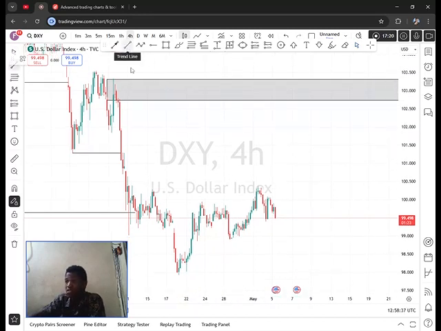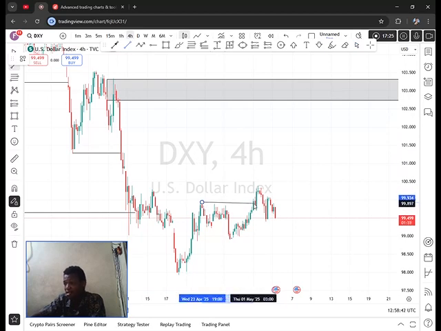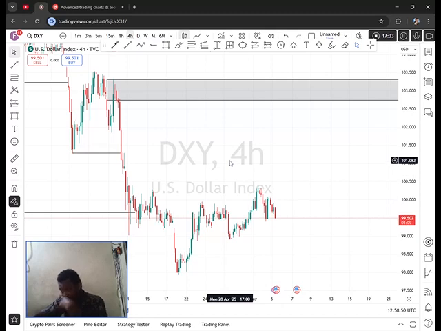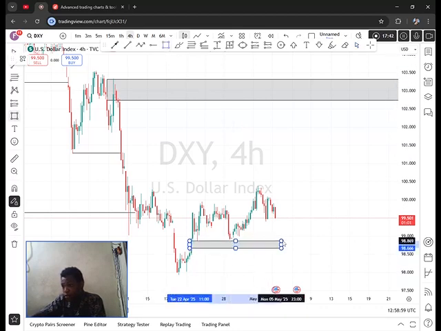I can't say anything that is happening here, although I can see a break of structure right here. I can't see any valid POI. I can't see any fair value gap. I can't see any order block. Even the liquidity is missing there. This fair value gap, price has used it but not fully.